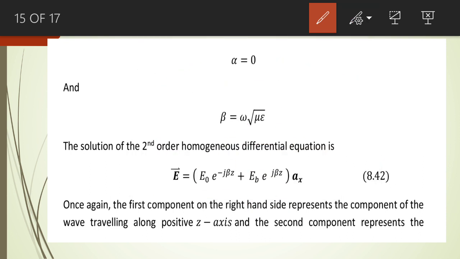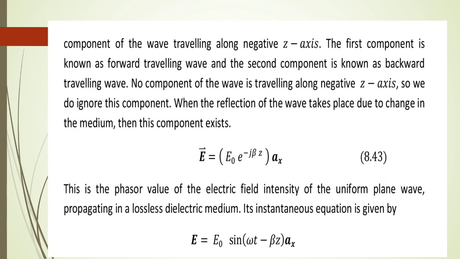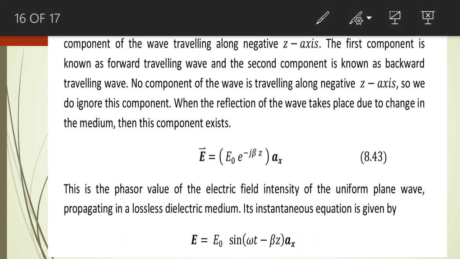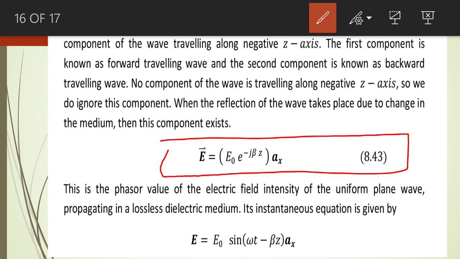So the solution of the second order homogeneous differential equation will be in this form, and this is the phasor value of the electric field intensity, right? Please replace this beta by k. It's very important for you, because the book of fiber optic communications is not using this beta symbol. That book is using k.